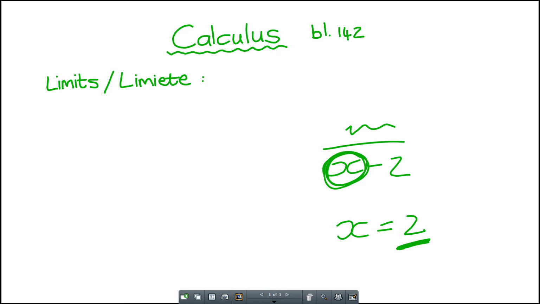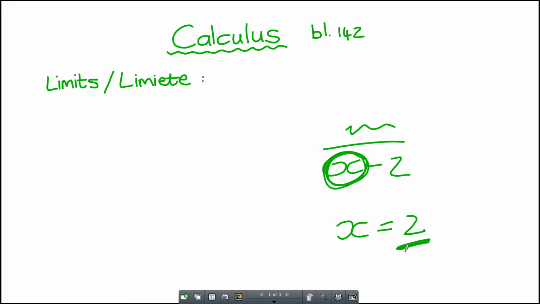They say that the function will have a limit if, and have a look at this table over here. Nee? Hulle sê daar, hy het 'n limiet as dit byna identiese waardes aan weerskante van daai limiet het. Nee, so basically as I move closer towards 2 from the left and the right hand side, nee, meaning if I move closer from the right, meaning I use x is 5, then x is 4, then x is 3, then so I'm moving towards the 2.